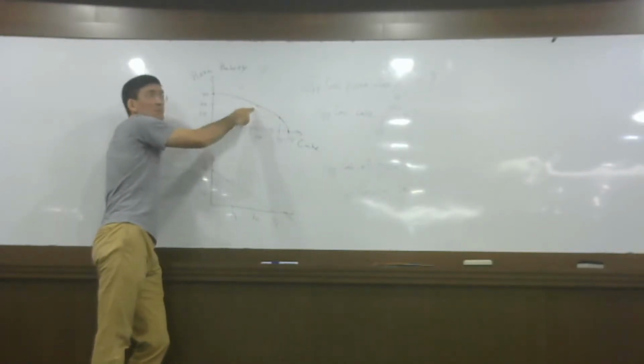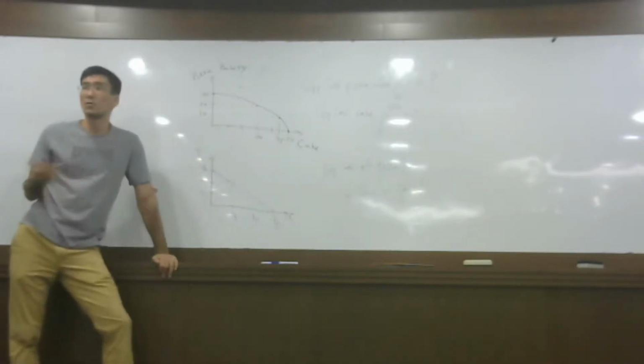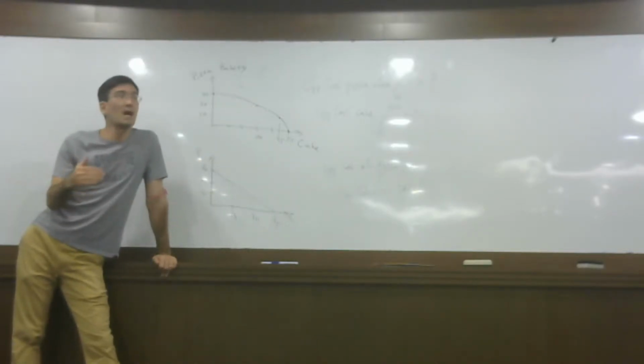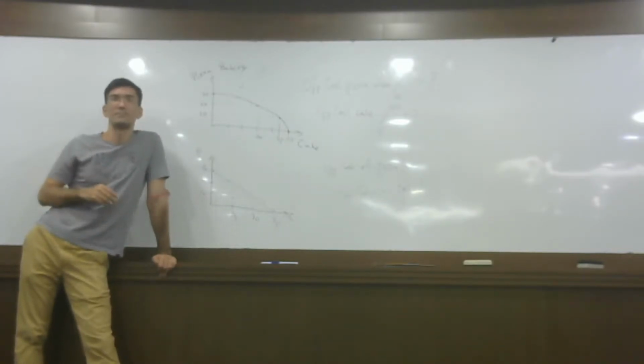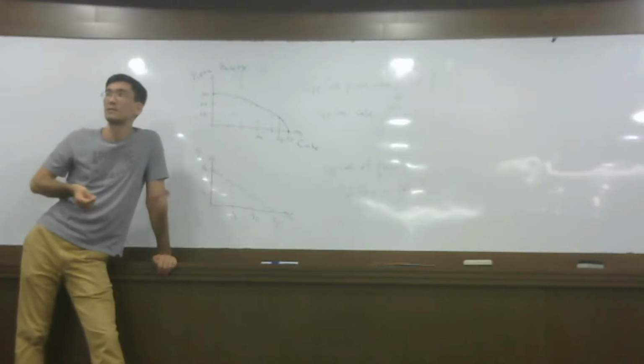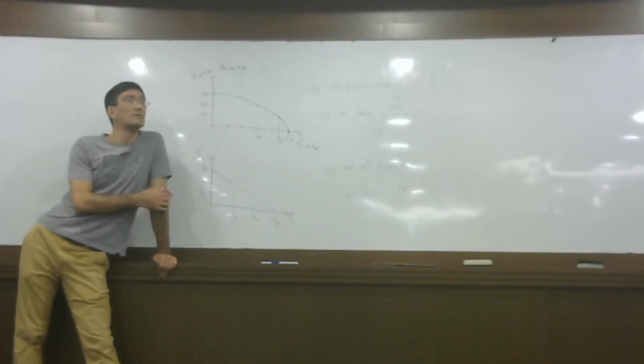Now I must have moved to this point, 20:30. So I got more pizzas. The question is, how much is the opportunity cost of pizza? Per pizza. Not of all 10 pizzas, but per pizza. How much is it? Just tell us if you already got the answer.